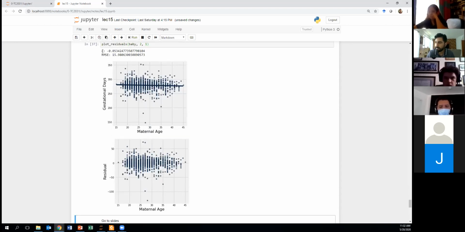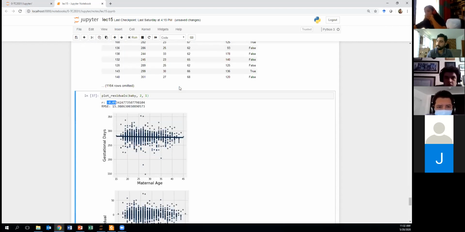So the R value is minus 0.05. It's very, very small, but it's not zero, okay? You can see the slope downward, not zero, but a very slight slope downward, right?